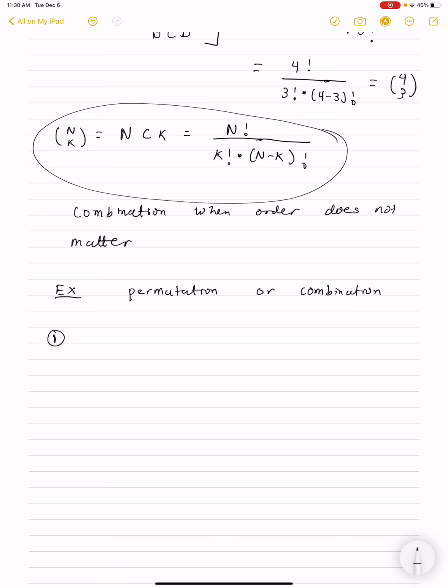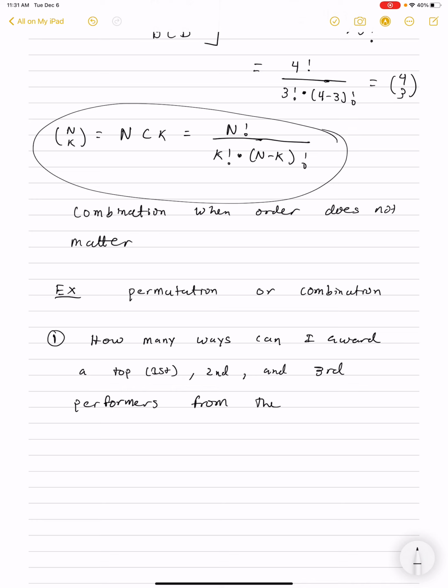And the workers are A, B, and C. So how many ways can I award a top, first, second, and third performers from the group?